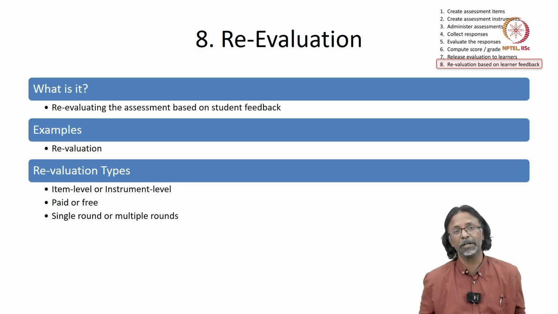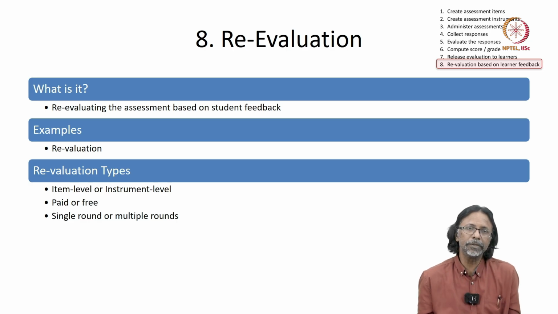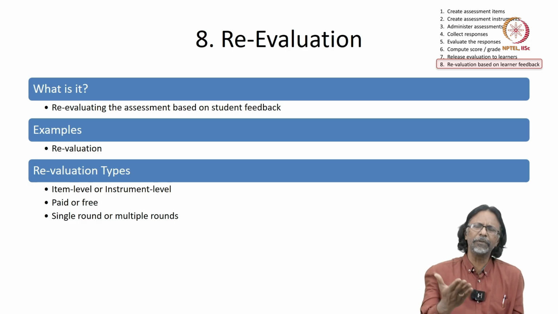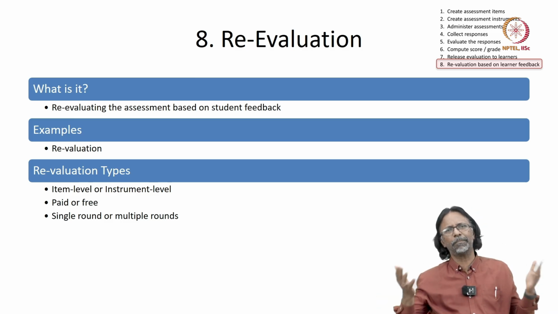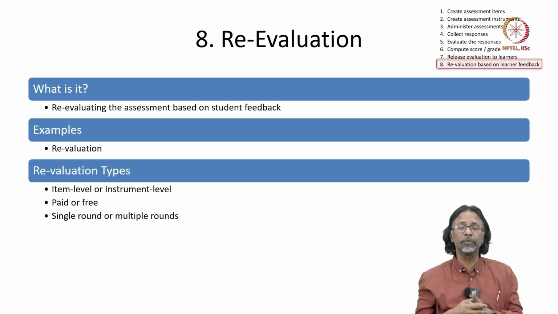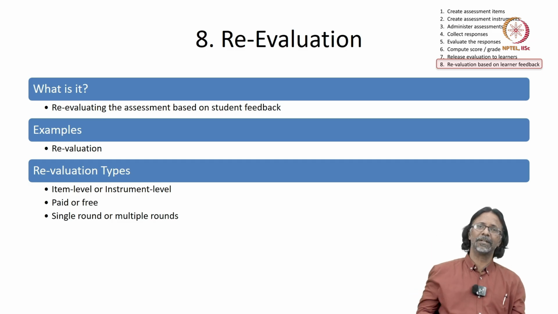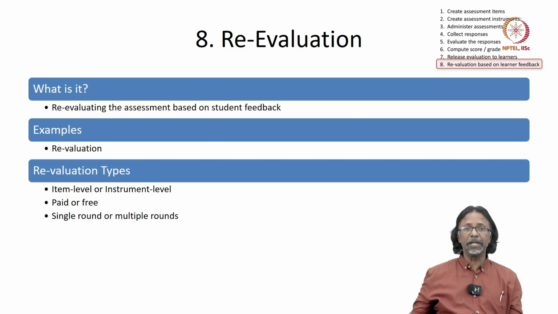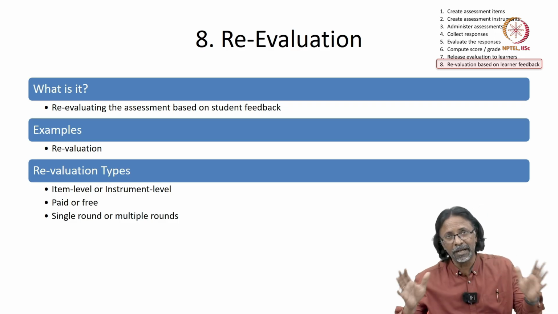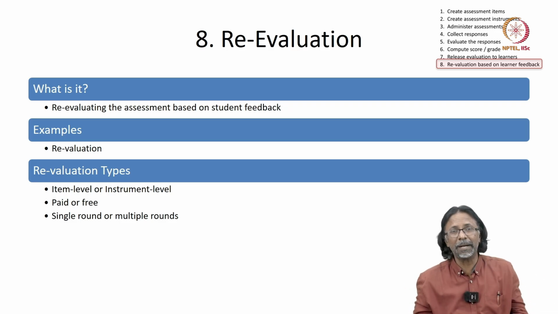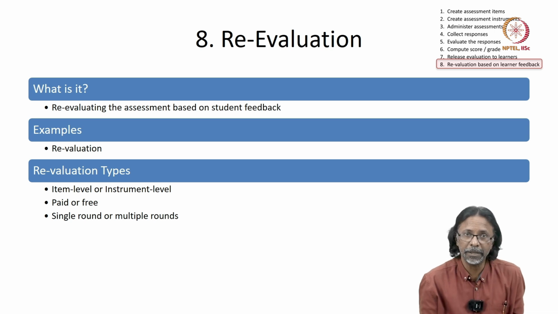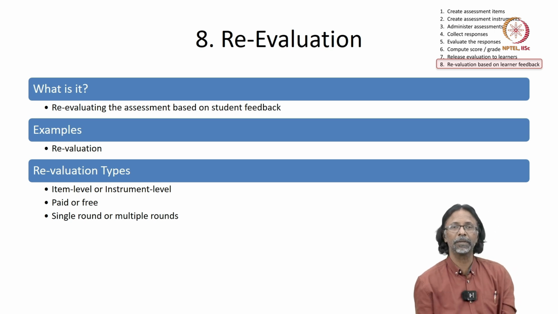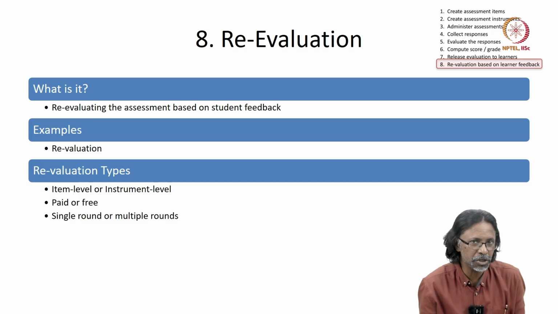Now people can even look at single rounds to multiple rounds. We routinely see that in one round of evaluation, somebody points out that even for MCQs there is an error in the answer, and then you go through the whole re-evaluation, not just of one single paper, but lakhs of papers can get re-evaluated. And all those things will be possible only when you bring in technology.